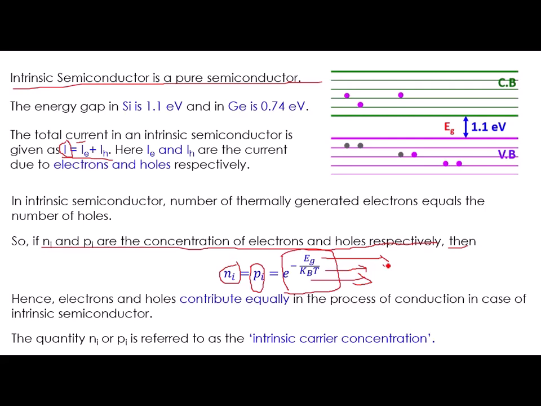This means that the conductivity of an intrinsic semiconductor is largely dependent on temperature. If you change the temperature slightly, the number of electrons as well as the number of holes will change abruptly.